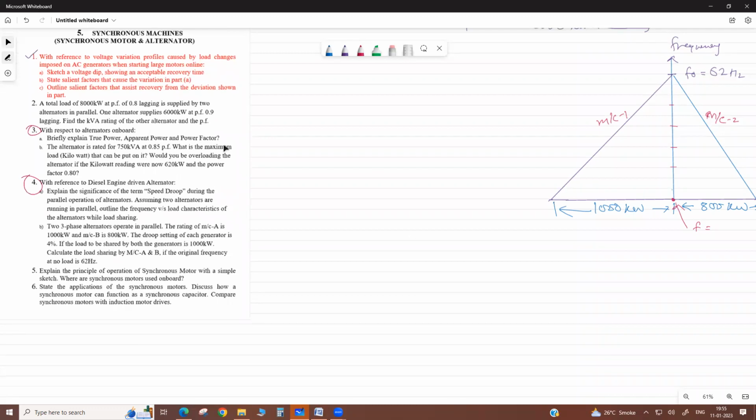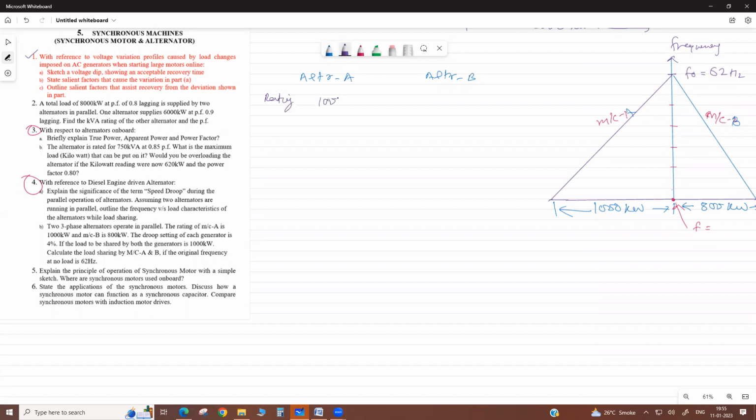Suppose two 3-phase alternators operating in parallel, rating of A and B. So here alternator A, suppose this is machine A, this is machine B. You write, alternator A, alternator B. Their rating means capacity.